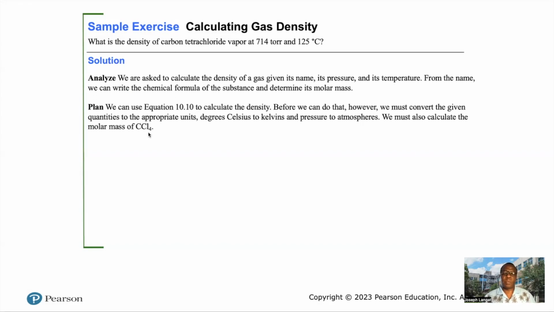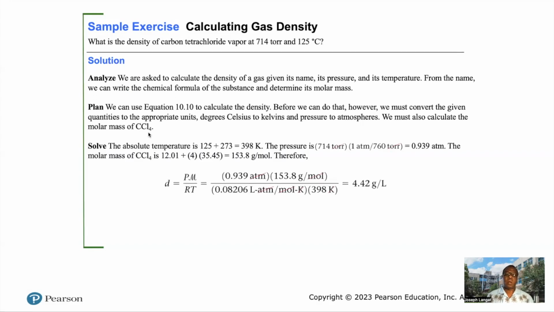That means we have four chlorines. At the outset, density equals pressure in atmospheres times the molar mass over R, the universal gas constant, times temperature in Kelvin.